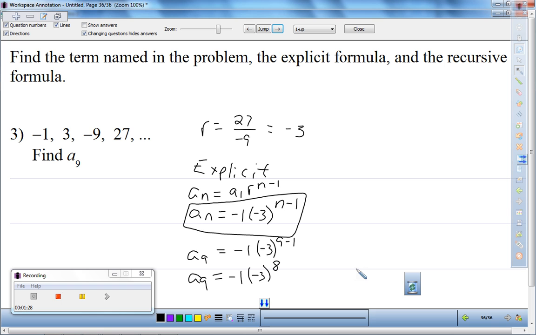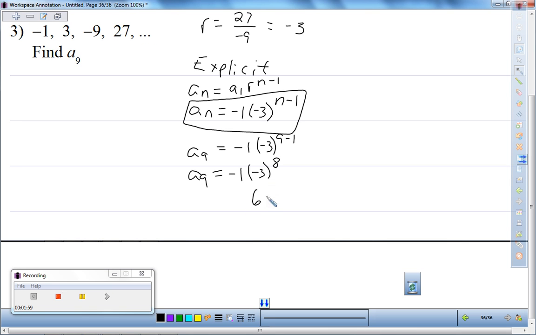Now some calculators will give you a negative number if you're not careful on how you place it into the calculator. Okay, but this should be 6,561. Now the number will end up being negative because we have this negative 1 out here.